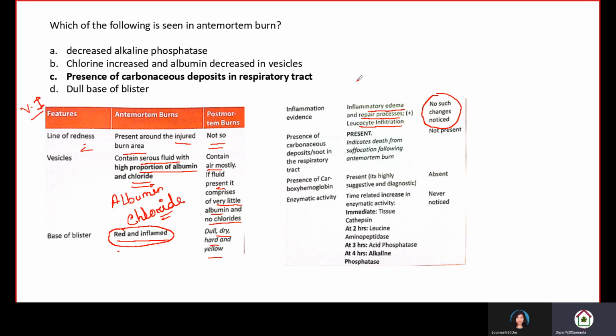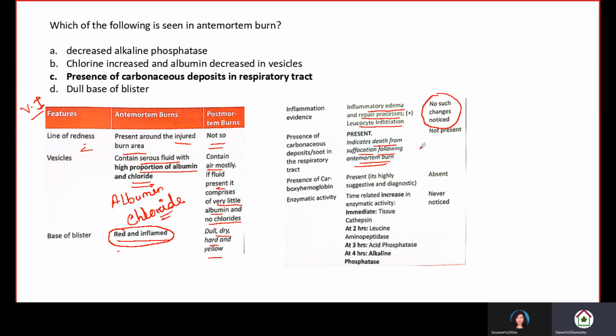Okay, presence of carbonaceous deposit or soot in the respiratory tract will be present in case of antemortem burn, because it indicates death from smoke or suffocation following antemortem burn. The human body is full of carbon, and when the body burns, carbon dioxide, carbon monoxide and sulfur dioxide all come out as smoke.